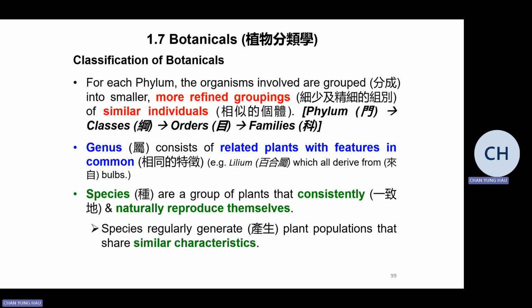So for the phylum, they are grouped into smaller, refined groupings, into orders, families, even the species. Species is the lowest level of the classification, and it gives you the highest degree of similarities of the group.